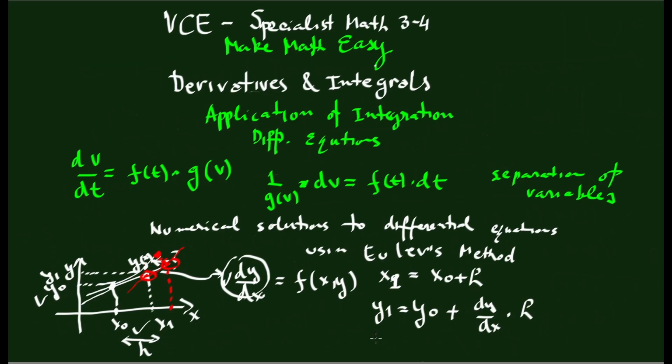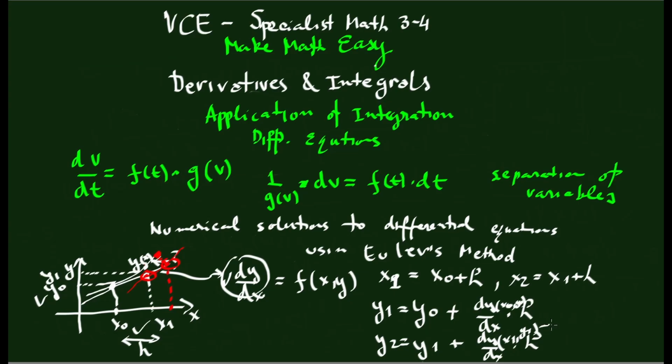And similarly, point number 2, you will get knowing point number 1 plus, of course, x2 equals x1 plus h, and dy by dx times h. But this is now of the point x1, y1. So here you had the point x0, y0, the tangent in this one, and the tangent here will be at point x1, y1.